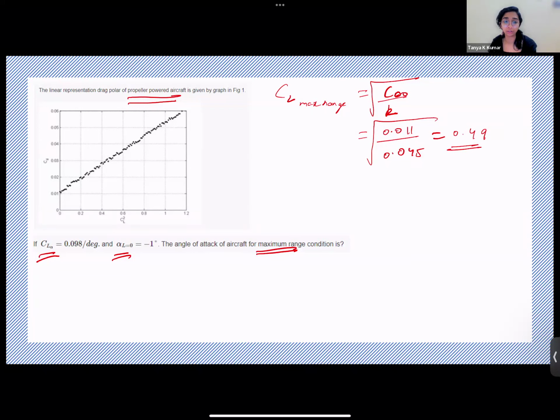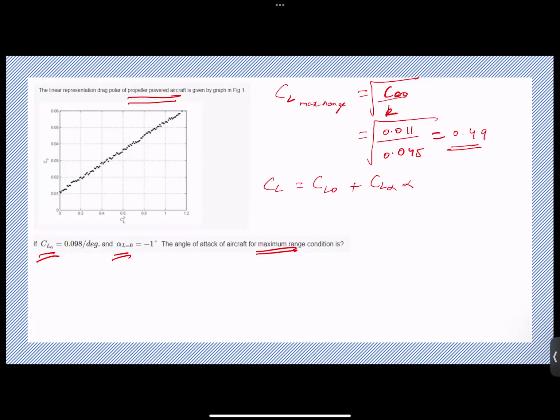Now they've asked you to find out the angle of attack corresponding to this. How do you do this? CL is equal to CL naught plus CL alpha into alpha, right? There's a CL naught also. Now we know CL alpha is given in the question, and alpha is what we have to find out. So before that, we need to know what CL naught is.